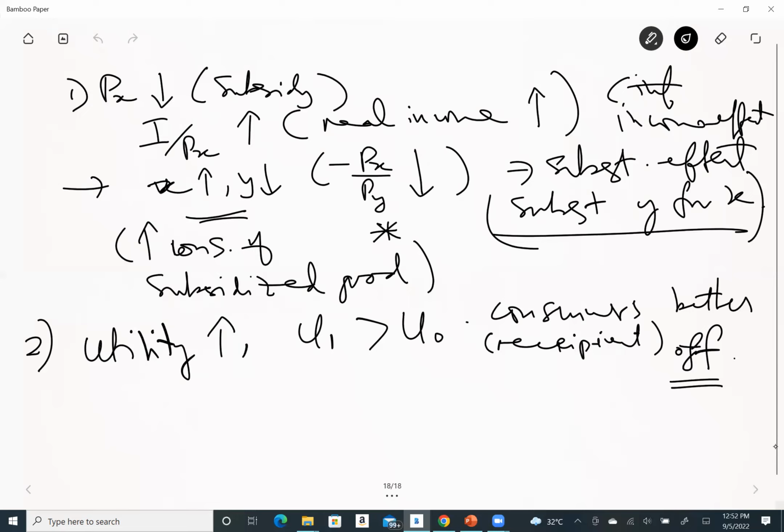Okay. All right. Now, I want to look at another type of subsidy. We call it income subsidy, or cash subsidy. So here you are given cash. You are given income. You are not given a reduction in the price.